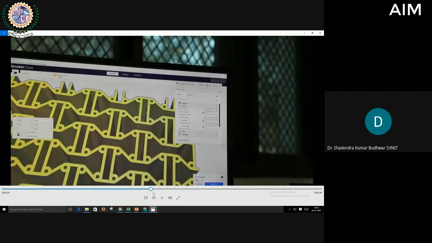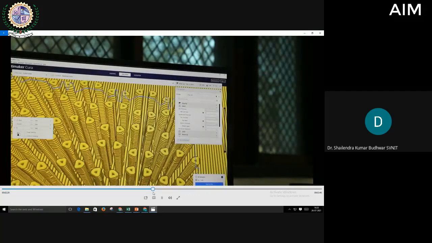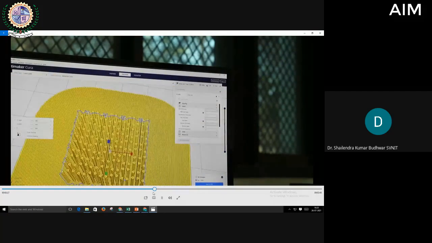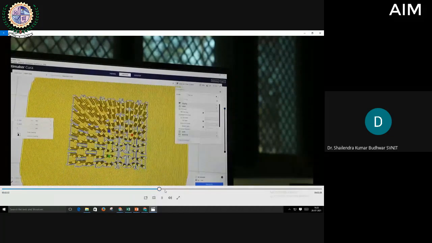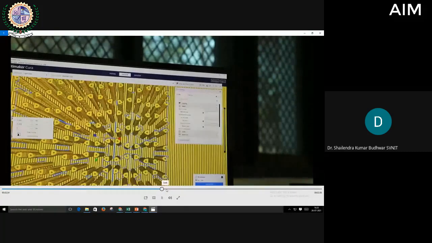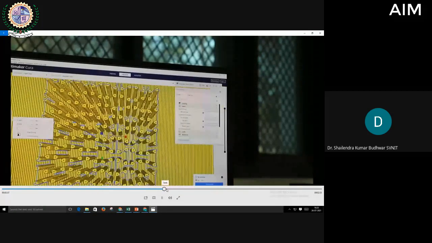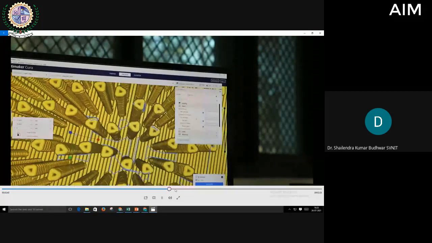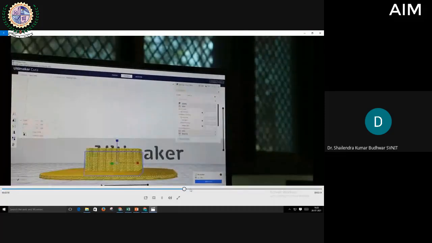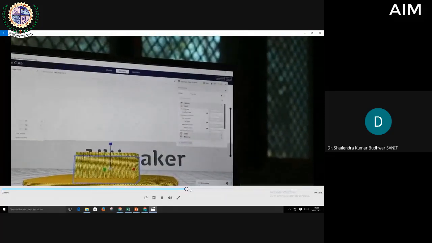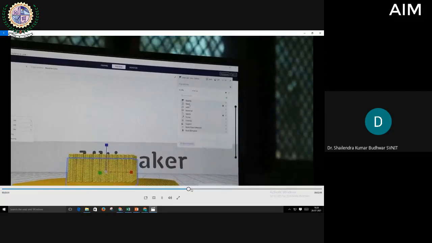So if we see preview, and top bottom left. These are the options available in this cell.